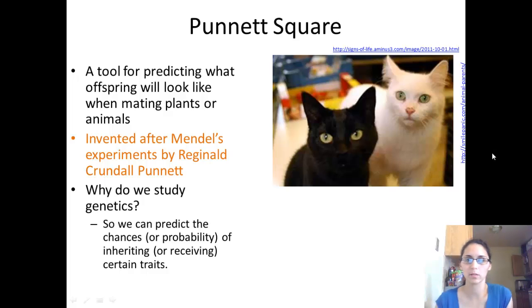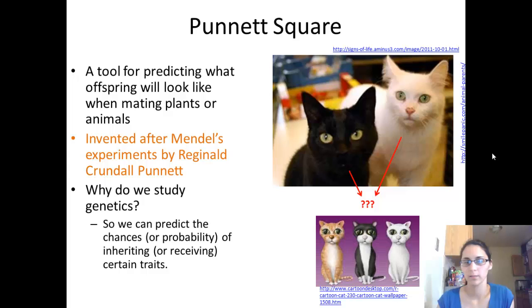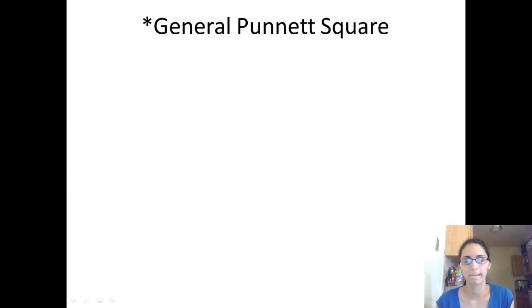What will their babies look like? So there's lots of different cat types. So it could be black, or it could be white, or maybe a mix of the two, gray? So how do we know what the kittens will look like?